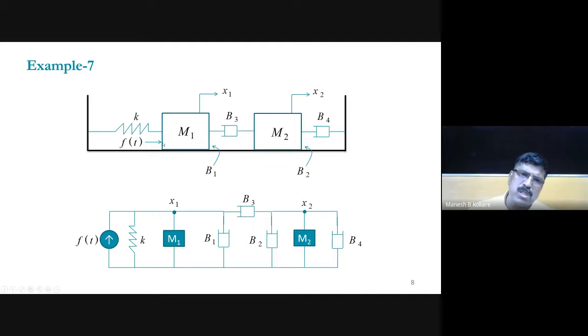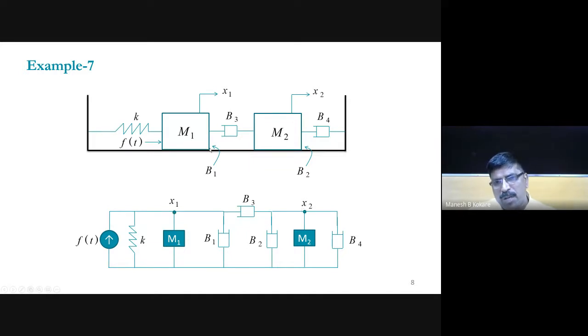Also, this force is associated with x1, so the force is connected to x1, and the other end of the force is connected to the ground. Then between x1 and x2, there is the B3 dashpot.